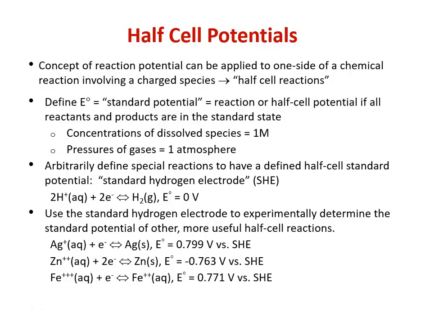For instance, we can look at the standard potential for reduction of silver ions to silver metal and see that that has a standard potential of almost 0.8 volts versus the standard hydrogen electrode. Zinc is completely at the other end. It's more active. So in order to reduce zinc ions to zinc metal, we would see that that reaction has a standard potential of negative 0.763 volts versus the standard hydrogen electrode.